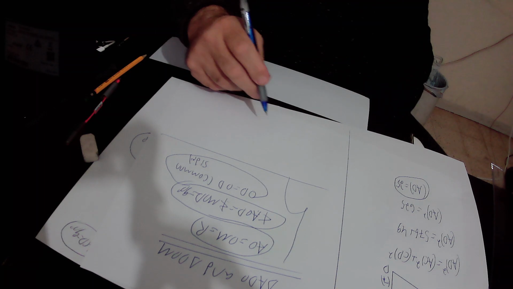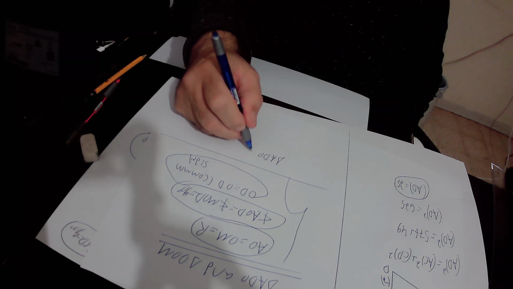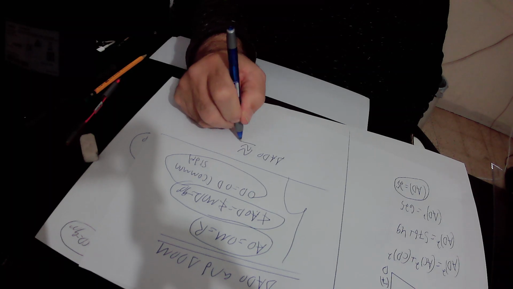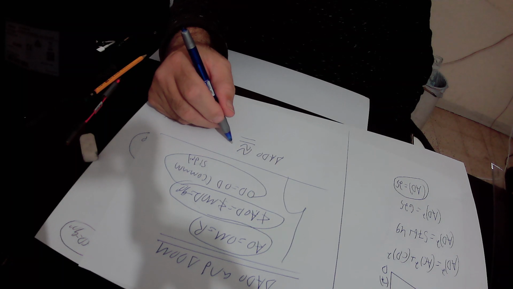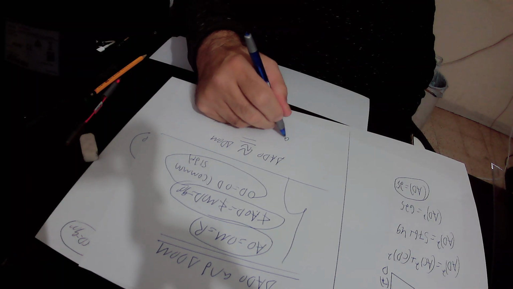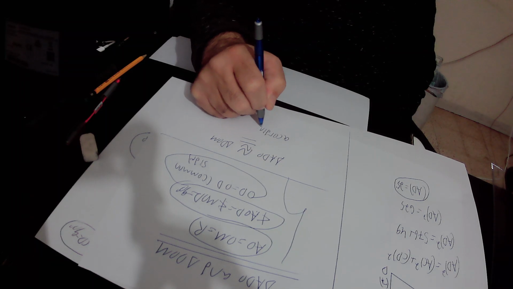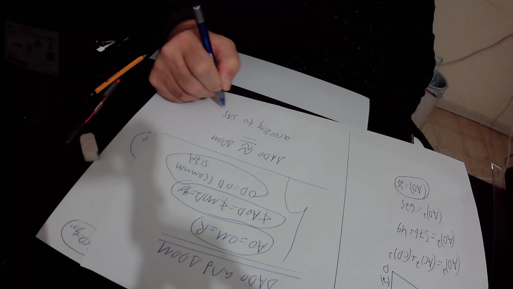So we actually proved that the right triangle ADO is congruent to the right triangle DOM according to side angle side rule.